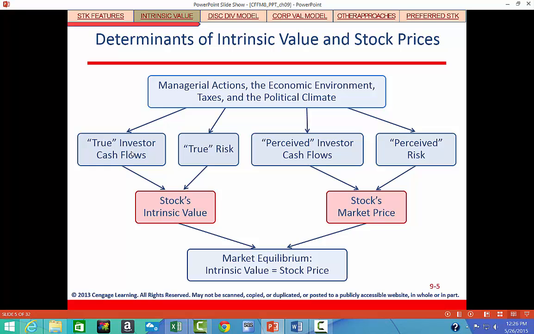What's the true expectation for investor cash flows and the true risk? And really only the insiders to that company know this. But we take a guess at that and we calculate the stock's intrinsic value, and then we compare that to the stock market's price.